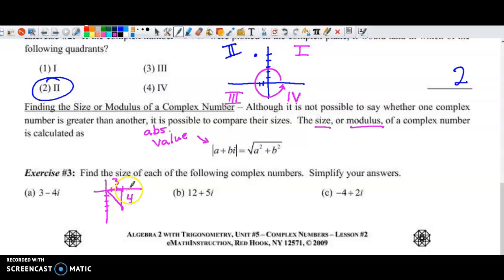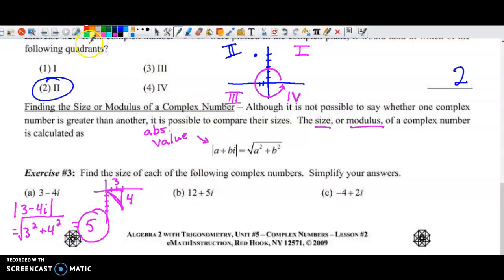This is actually a Pythagorean triple, if you've ever heard that phrase before. If you follow this work, the absolute value of 3 minus 4i equals 3 squared plus 4 squared, which equals the modulus squared. To solve for it, you can square root that. Well, 9 plus 16 is 25, and the square root of 25 is 5.